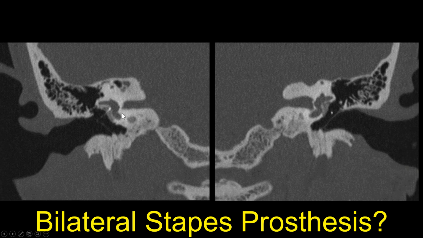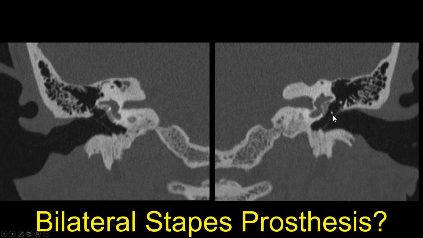That's why we want to use a much wider window when we evaluate the temporal bone, something like a 4,000 window width setting. But here we see spongiotic bone that's being laid down in the oval window niche. And here we see a stapes prosthesis that's going through that spongy bone to get to the oval window itself.